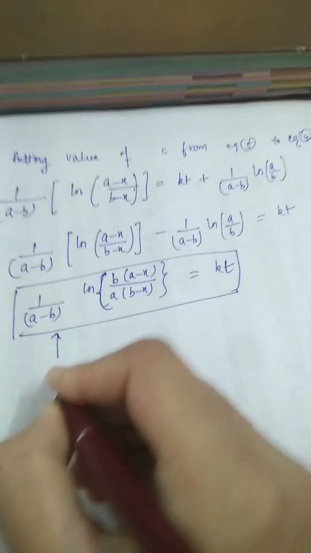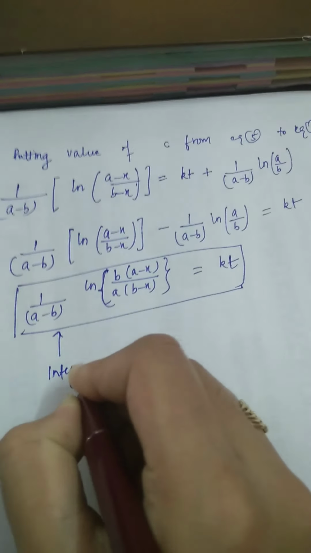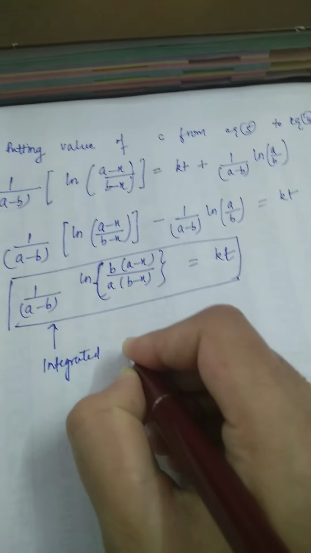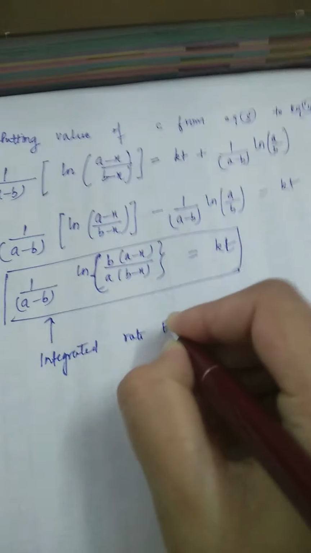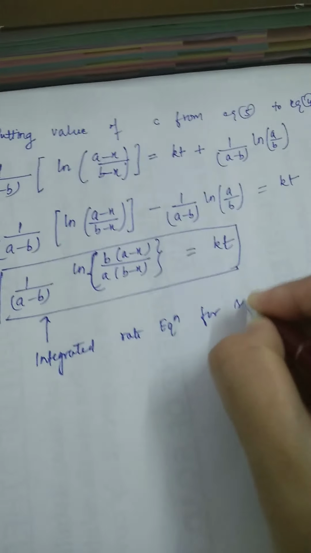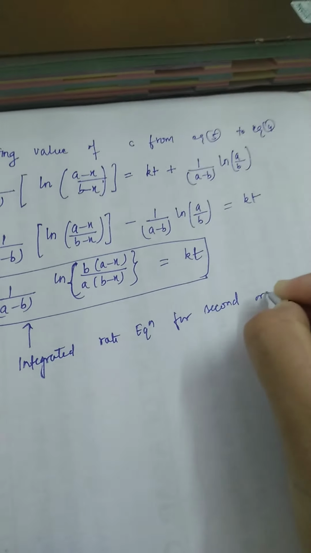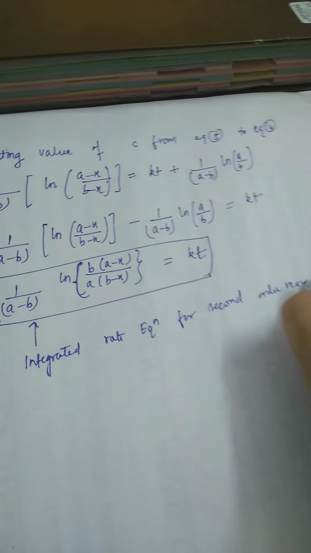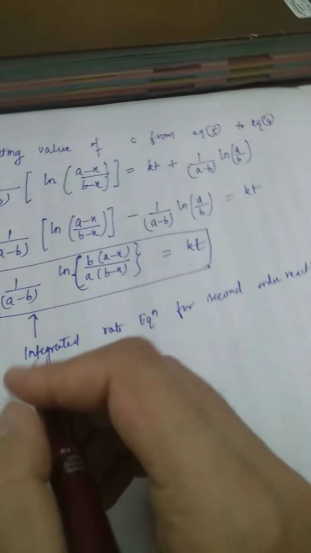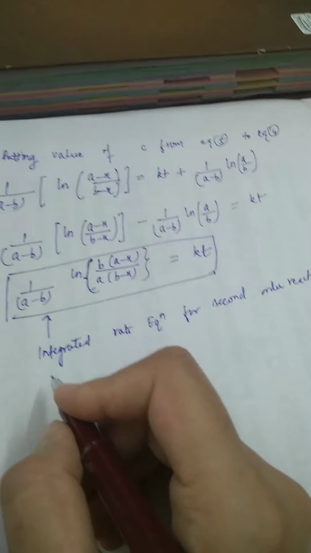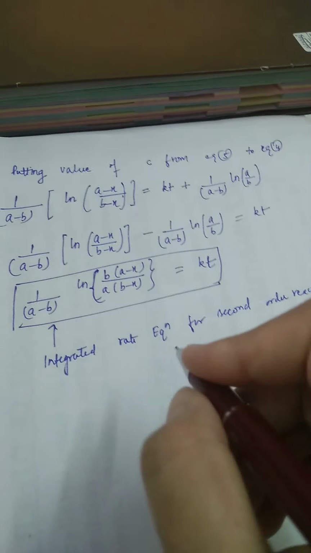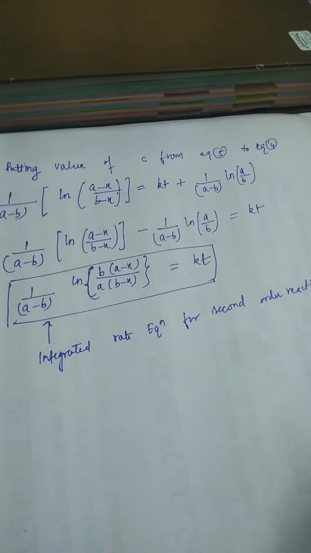This is our integrated rate equation for a second order reaction, and the condition was when the concentrations of both the reactants were not the same.